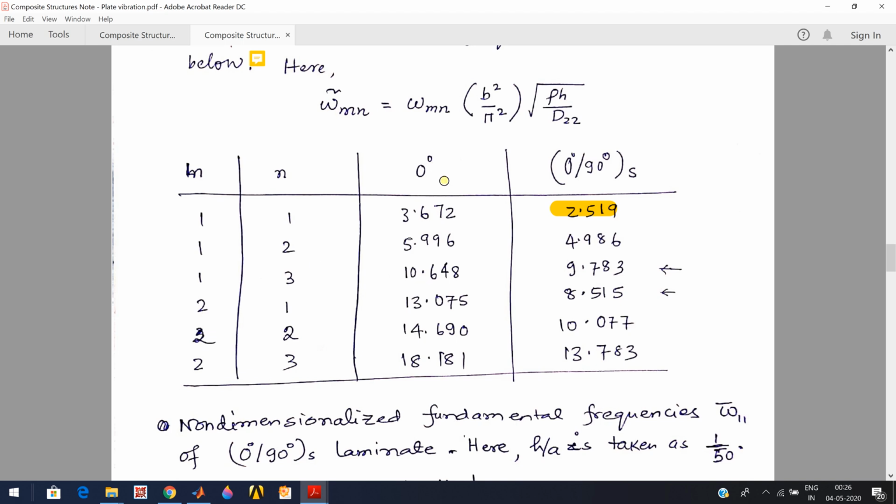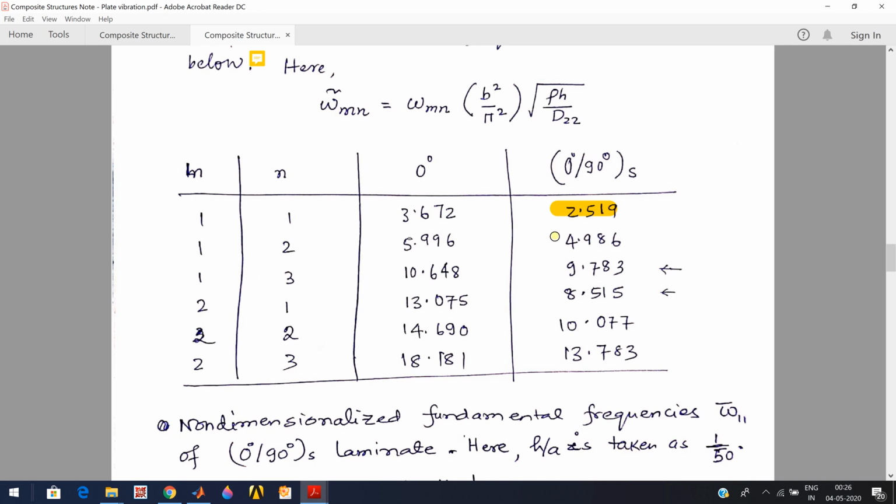So here this table is actually first sorted using these frequencies, 0 degree laminate. So you can see these increasing frequencies are reported, and then corresponding m and n are written here.